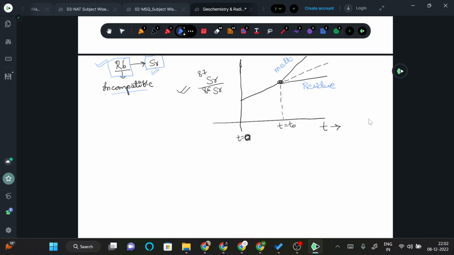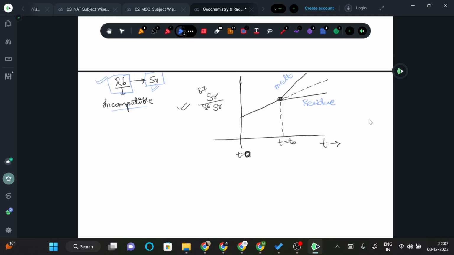Okay. So, also one more thing, just to make it even more clear. What is the dependency of rate of decay? Like, what is the relation between rate of decay and amount of parent? If you increase the decay rate, what will happen to the amount of parent? It will decrease.